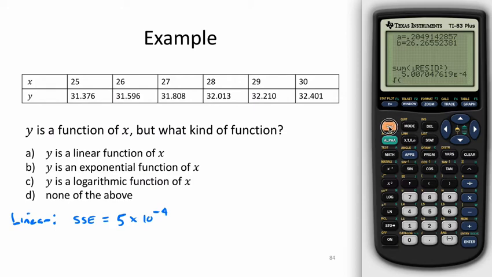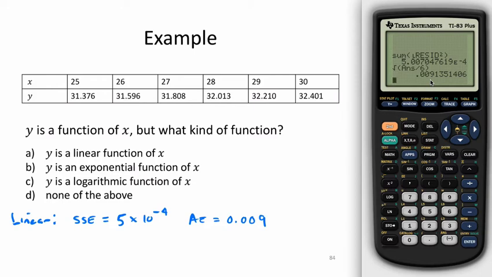The square root of that previous answer, the SSE, divided by the 6 data points. And that's 0.009. So the average error is 0.009. This data is not linear. 0.009 to 3 decimal places, that's 0.009, which is significant.